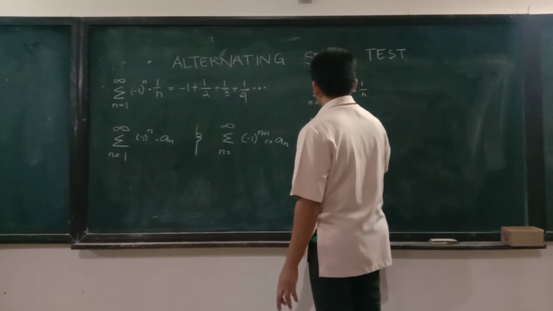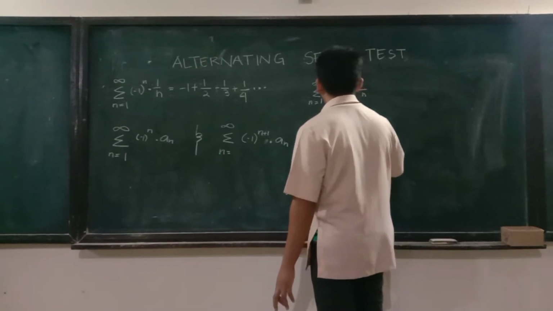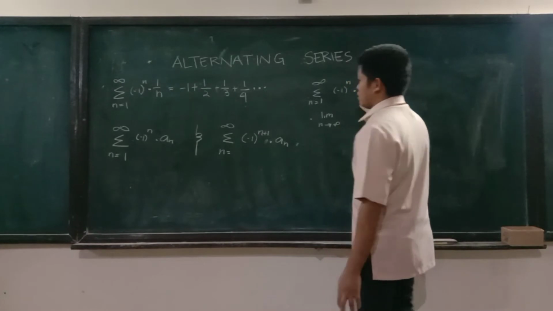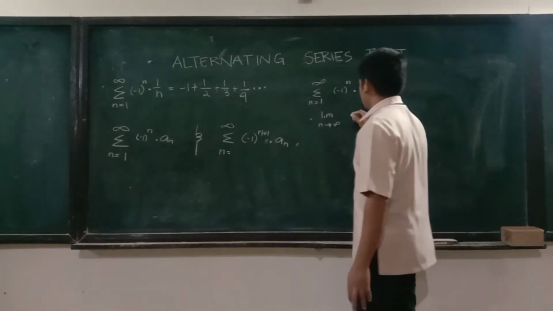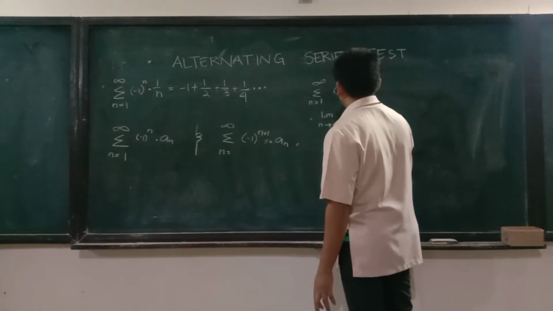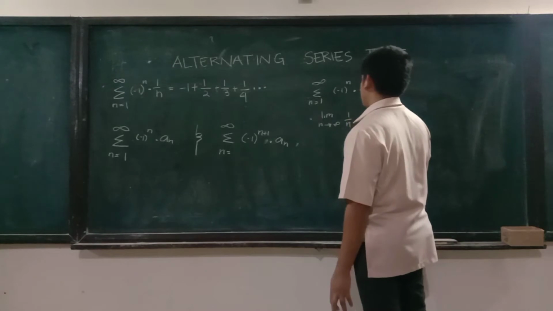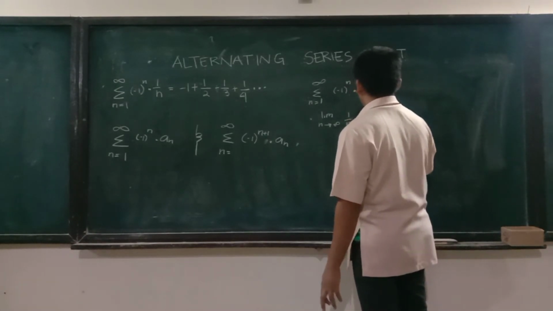As n approaches infinity, our a sub n is equal to 1 over n. Let's equate it to 0.